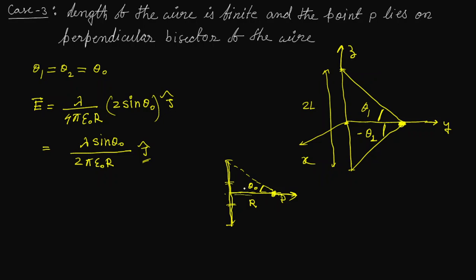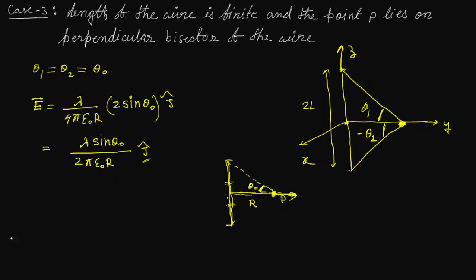The electric field at this point will be lambda sine theta naught divided by 2 pi epsilon naught r, where theta naught is this angle, and the direction will always be normal, or perpendicular, to the wire. If it is positive charge, then it will be away from the wire. If it is negative charge, then it will be towards the wire.